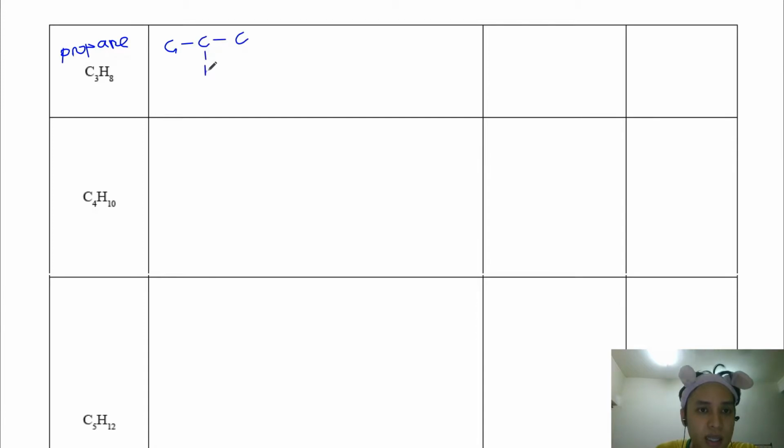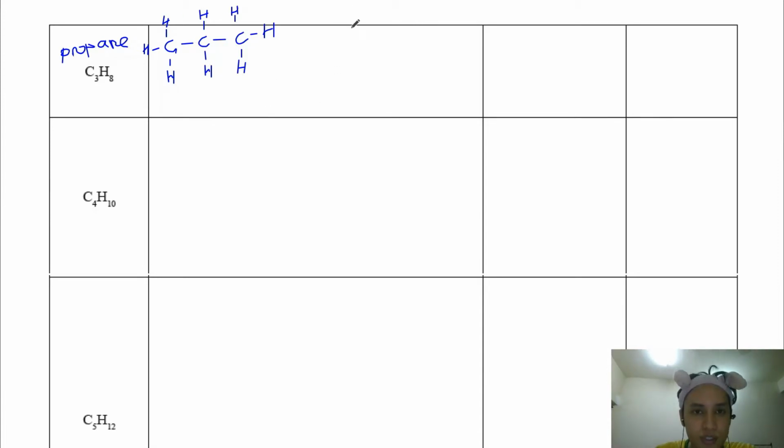This is the standard one, you always draw a straight line. So this is the first structure.